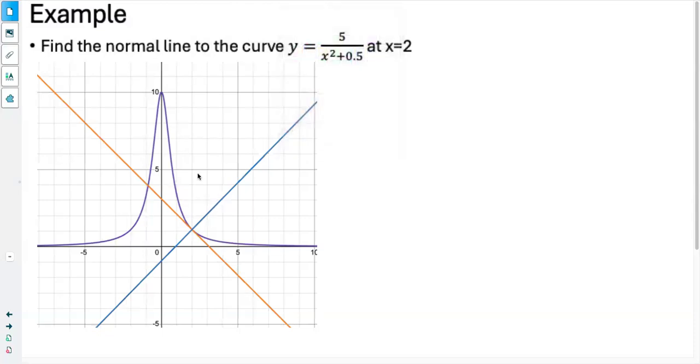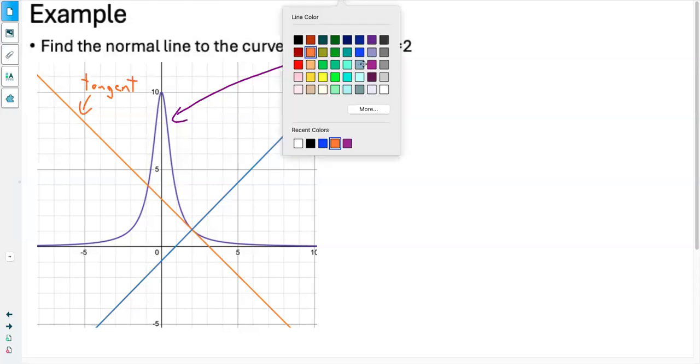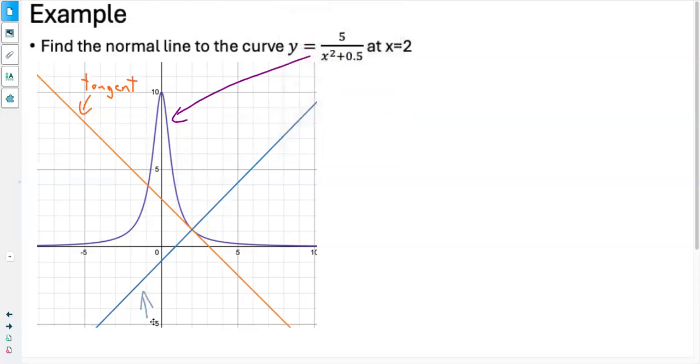Now, this purple line is our curve y equals 5 over (x squared plus 0.5), which would make this orange line our tangent line. We can tell it's tangent because it has the same slope at that location, and that therefore makes this one our normal line because it is at 90 degrees to our tangent.